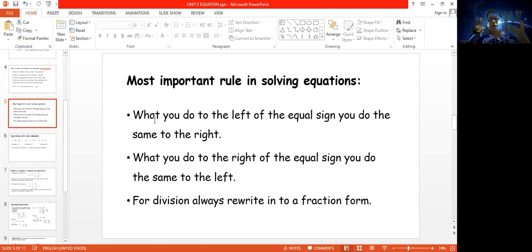If you add 3, you also add 3 on the other side. If you subtract 3, you also subtract 3. If you multiply by 3, you also multiply by 3. If you divide by 3, you also divide by 3 on the other side. Left and right must have the same value to keep your equation balanced.